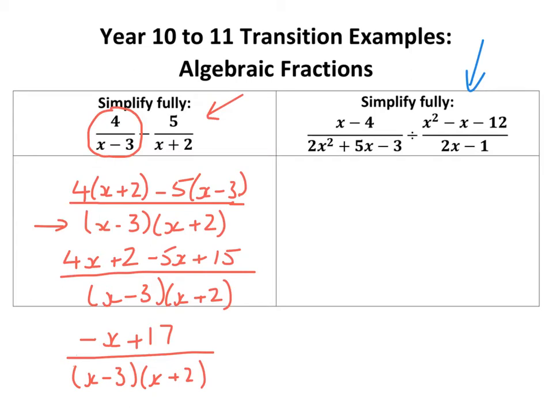Now then, when we're doing the second one, the best thing to do is to factorize if you can. Now we know how to divide fractions, so the first thing I'm going to do, and I'm probably going to have to use the space quite carefully here, when we factorize we get this.